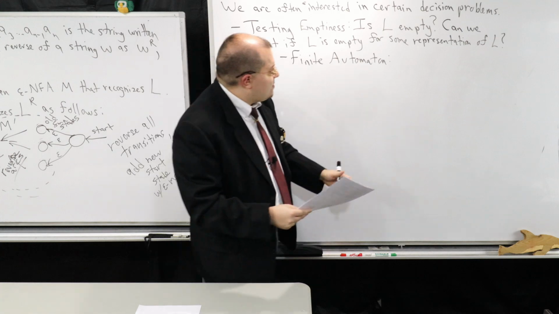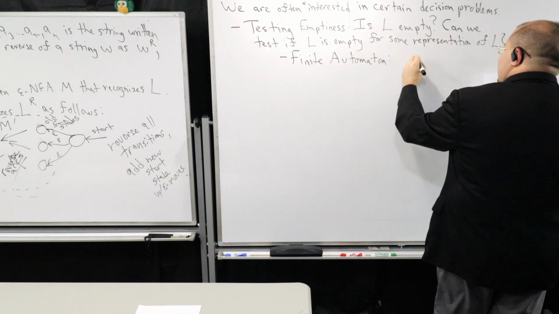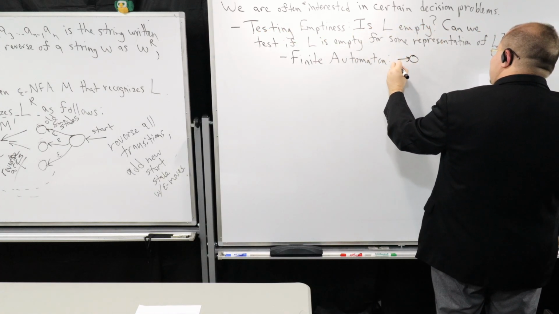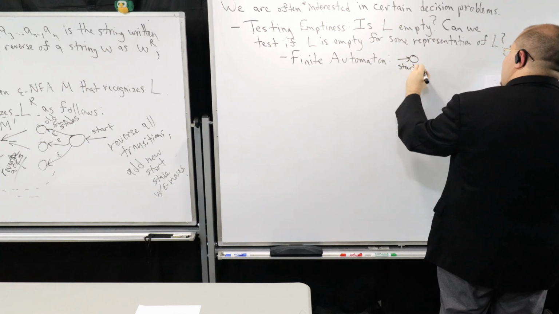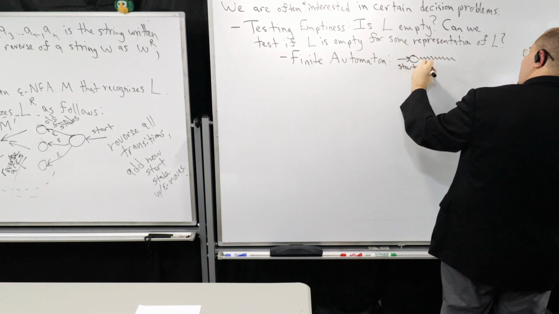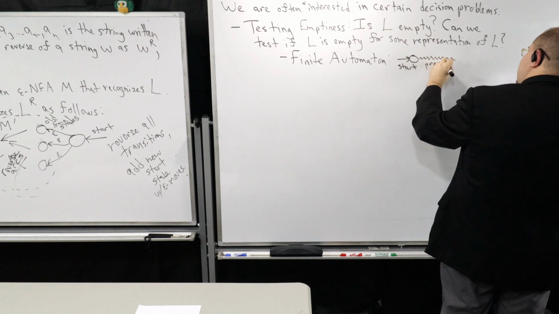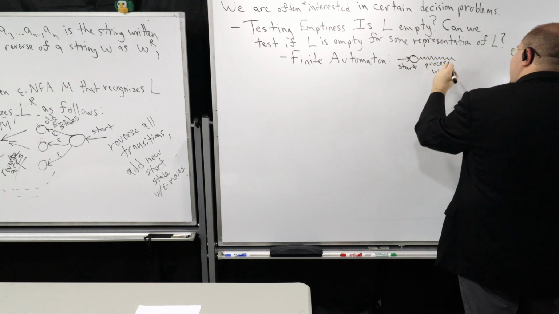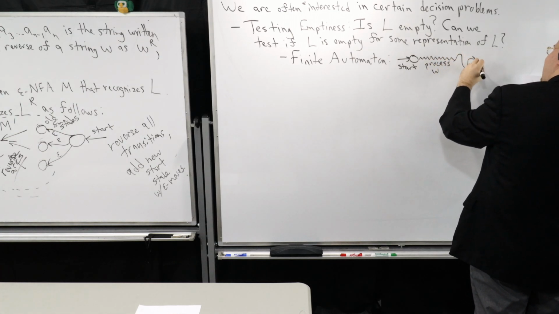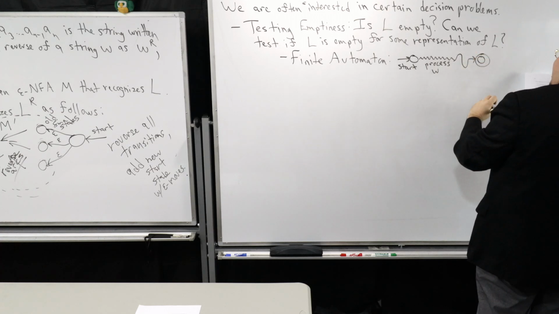That's what it means. So I'm at some start state, and I do some stuff in here. I process W, some string, and it gets me somewhere to a final state when I'm done.